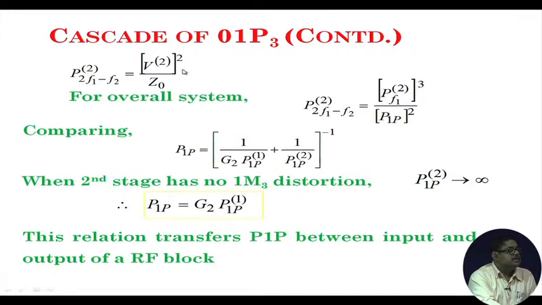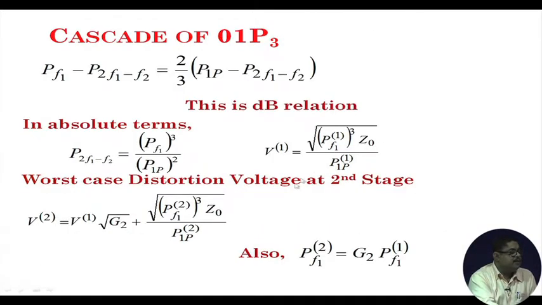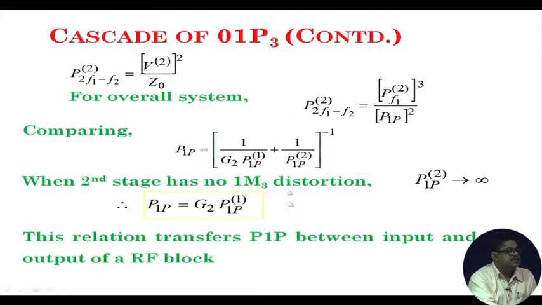Now, continuing the cascade, you write down the overall system like this, and from the individual ones we have previously written these voltages. So, now I can compare, and that will show you that the overall intercept point will be this plus this. When the second stage has no IM3 distortion, that means PIP2 becomes infinity, at a very high value the intermodulation product will catch up.